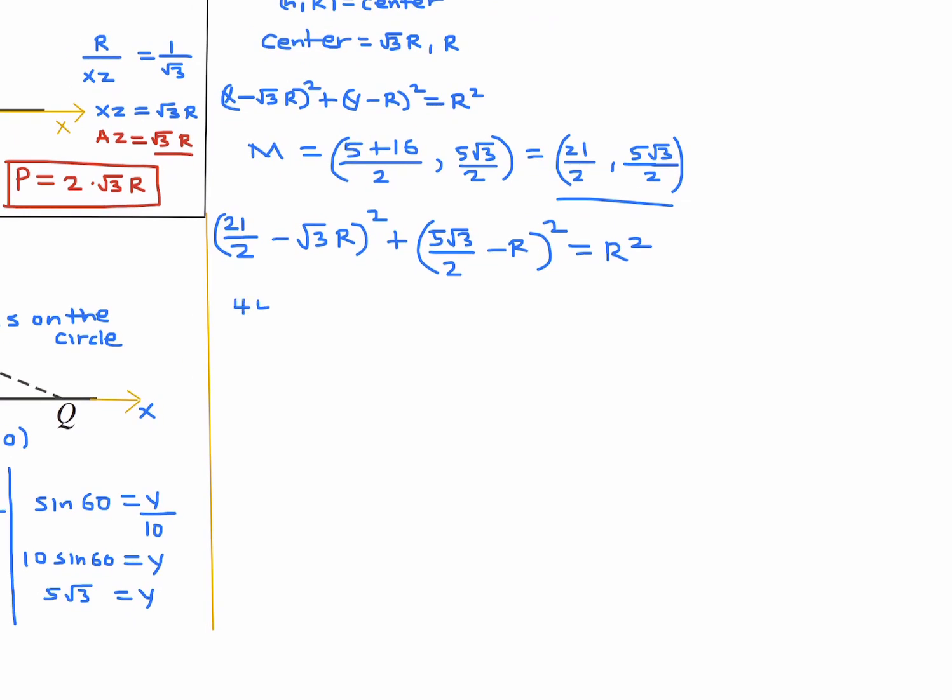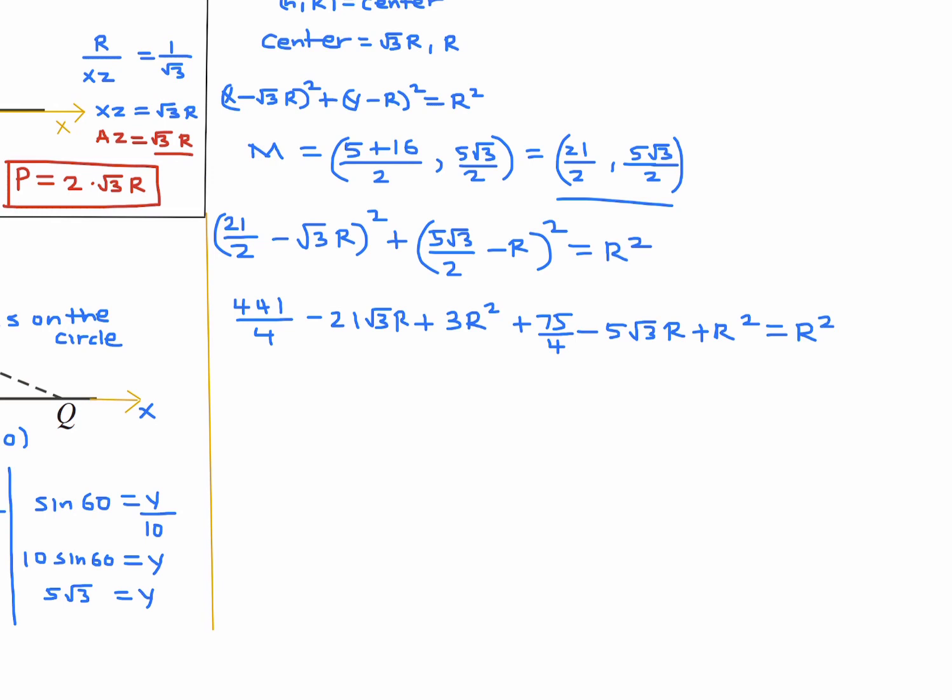So expanding, we get 441 over 4 minus 21 root 3 r plus 3r squared plus 75 over 4 minus 5 root 3 r plus r squared is equal to r squared.